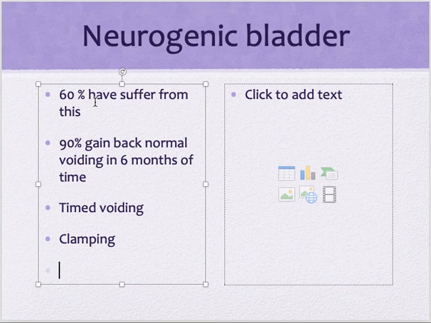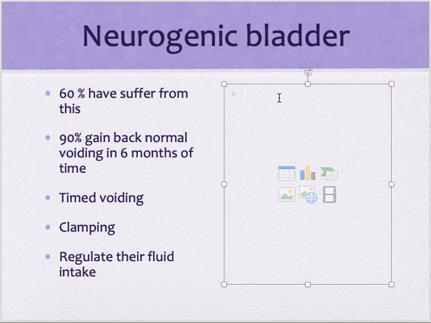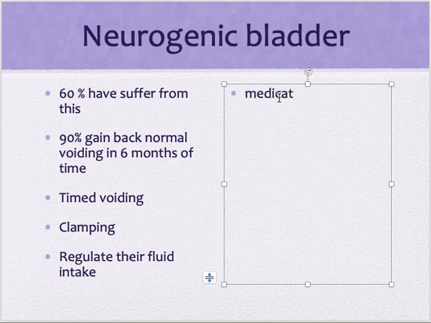What else can be done? We can regulate their fluid intake, but avoid any type of dehydration, because dehydration can start a number of other issues. And if there is no betterment, then we can use medications, or we can go for urodynamic evaluation.